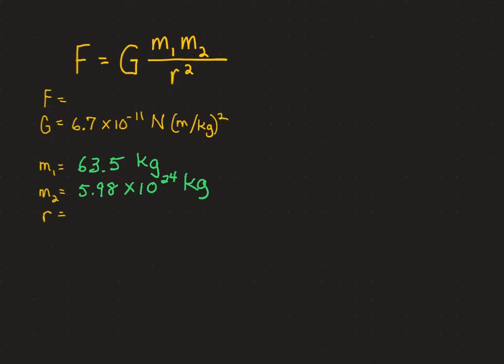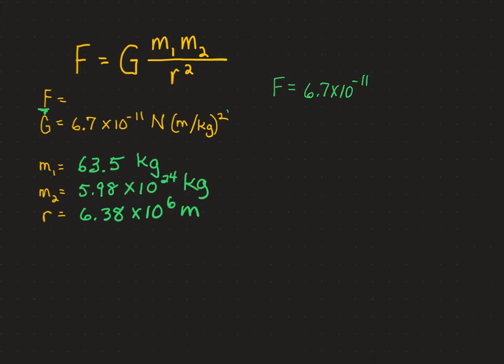And we'll say they're standing at a part of the Earth where they're at sea level, and that means they're 6.38 times 10 to the 6th meters from the center of the Earth, which is also a large number. And what we're looking for is the gravitational force for this situation.